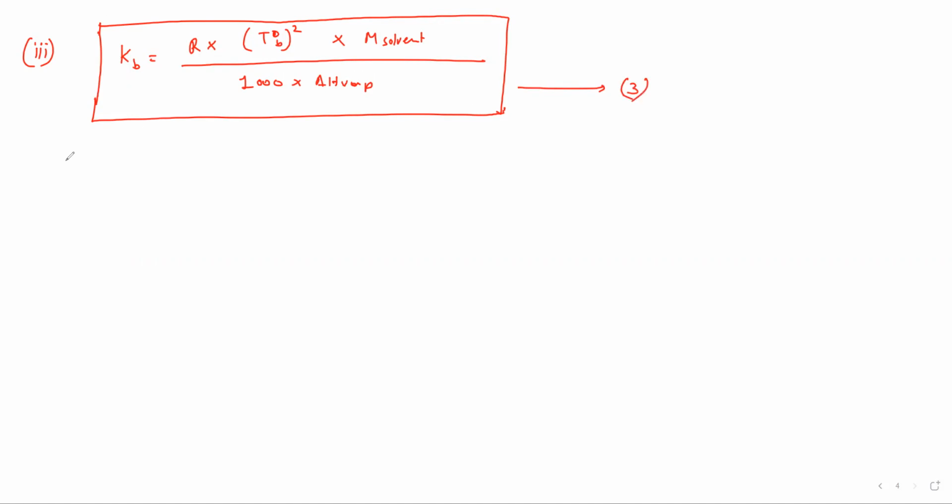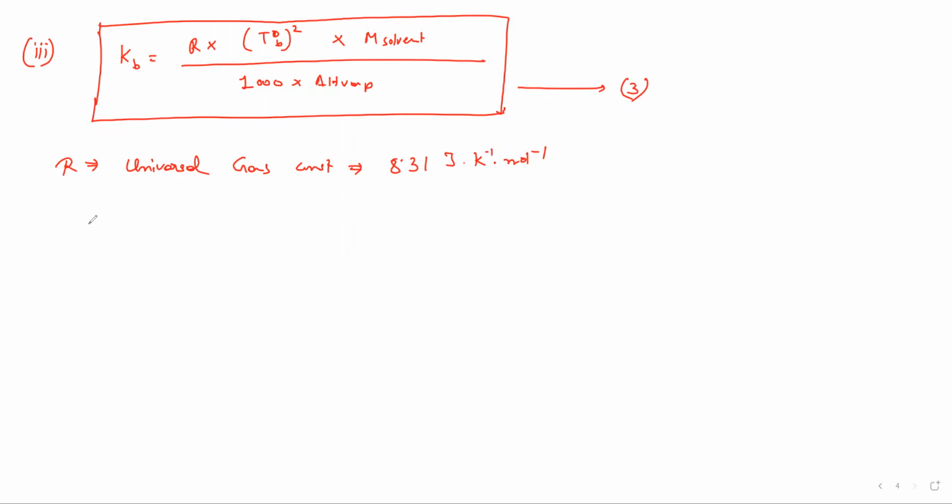Okay. Now, what is R? R equals the universal gas constant, whose value is 8.31 joule Kelvin inverse mole inverse.